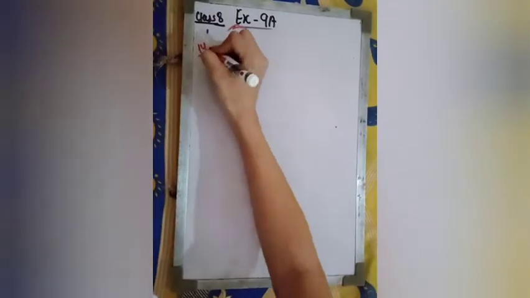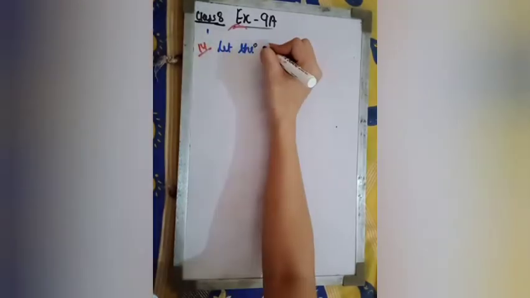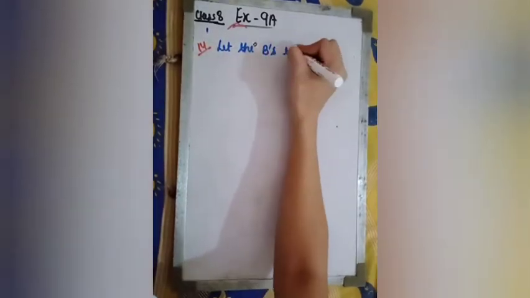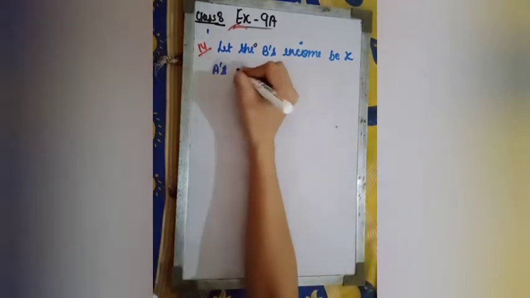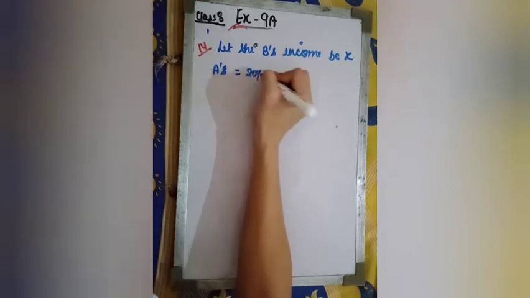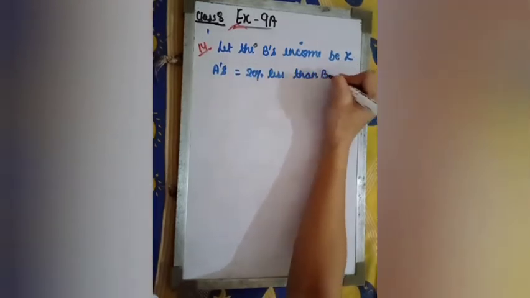They are saying A's income is 20% less than B. So let B's income be X. Okay. और A की income क्या है? A's income is 20% less than B.